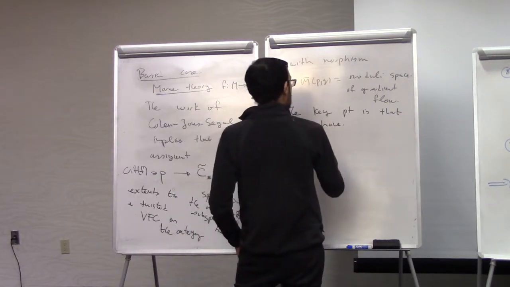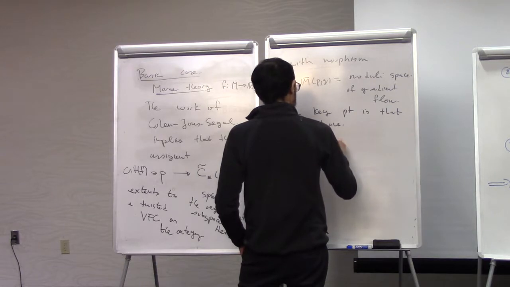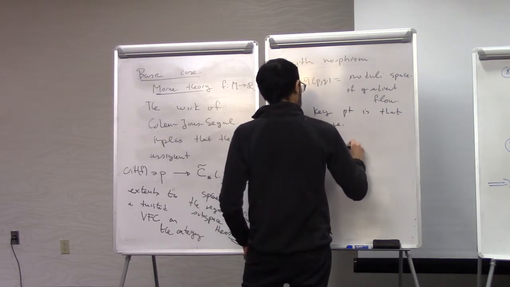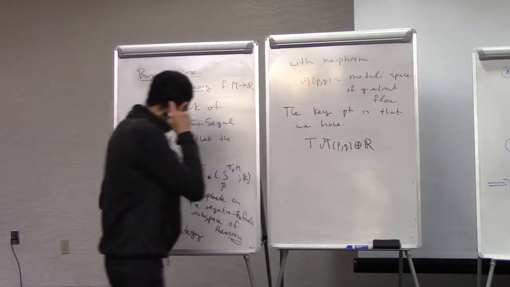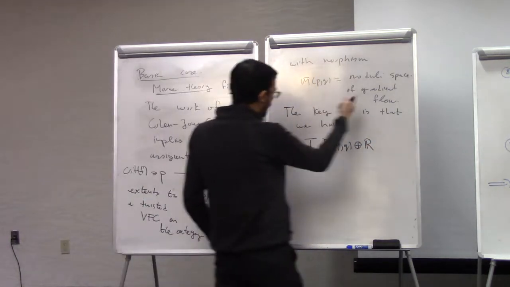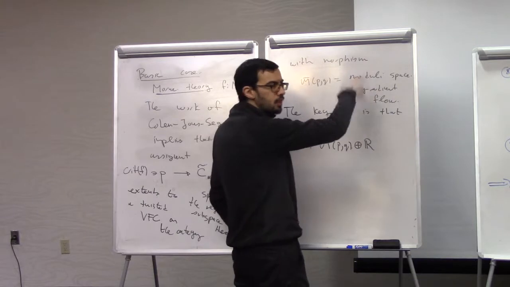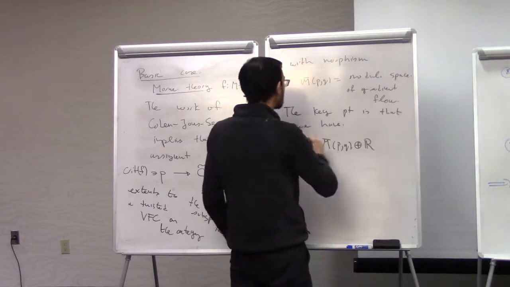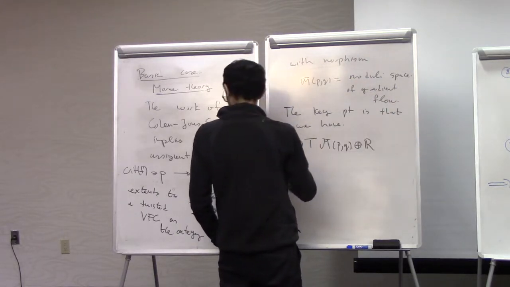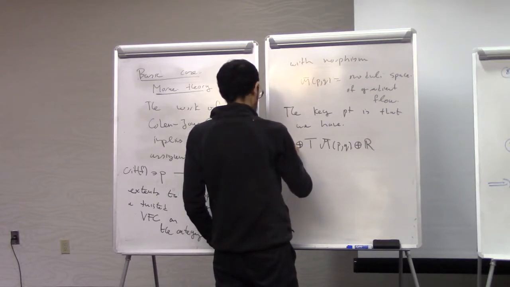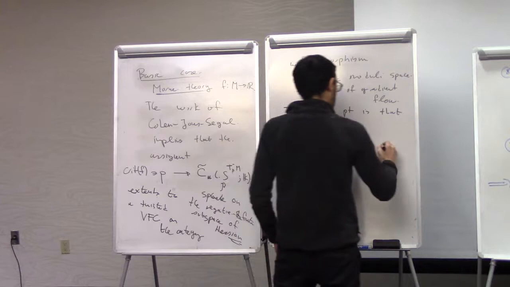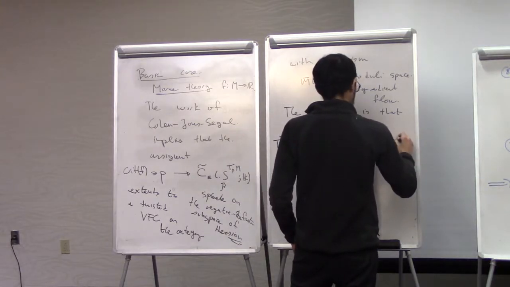I take the tangent space of the moduli space, take the direct sum with R. And then, I didn't tell you whether the gradient flow lines are down or up, so I can write whatever I want. Direct sum, this negative definite subspace of the tangent space is isomorphic to the one at Q.